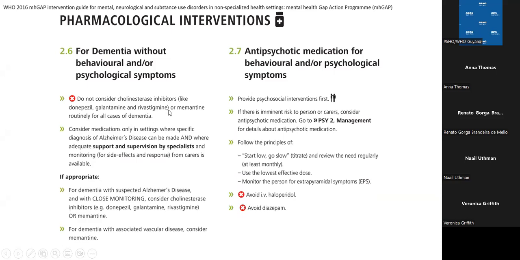It is not effective for vascular dementia and all the differential diagnoses for dementia. Consider medications only in settings where specific diagnosis of Alzheimer's disease can be made and where adequate support and supervision by specialists or a primary care provider are possible.